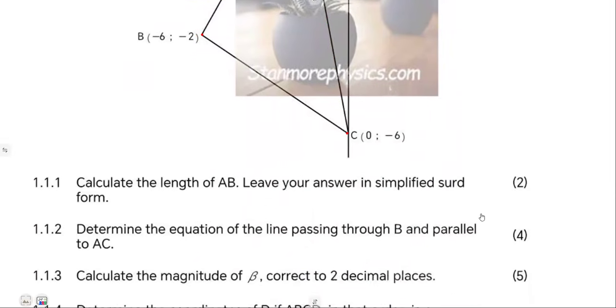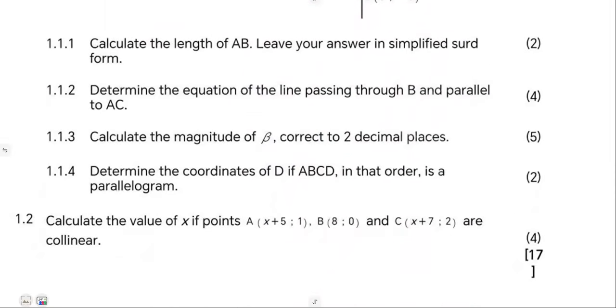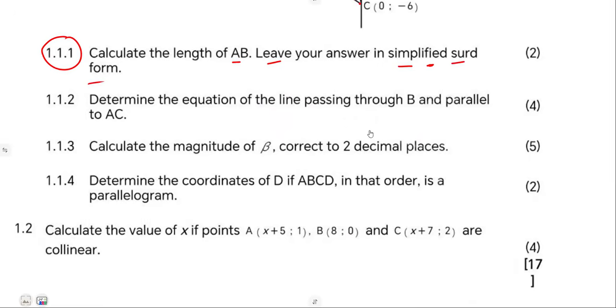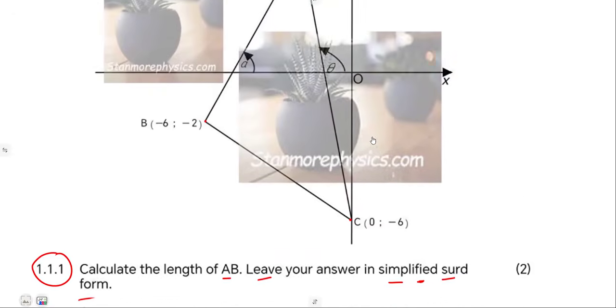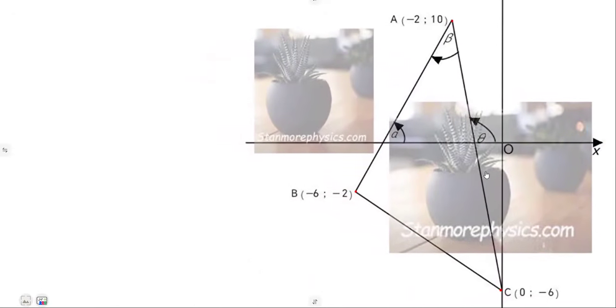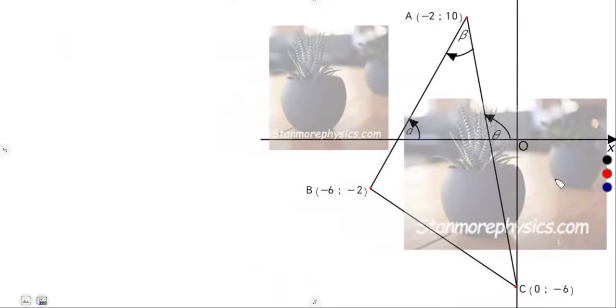So from this diagram, we are given 1.1.1. Calculate the length of AB. Leave your answer in simplest surd form. All right, the length of AB. So remember, the length can be found if we consider 2 points.